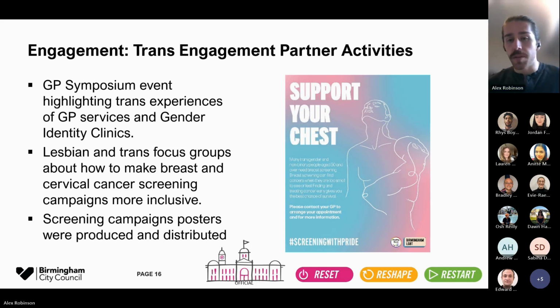The first presentation was by Dr. James Barrett, who was the lead clinician at the Tavistock and Portman NHS Trust Gender Identity Clinic. And he discussed the experiences of GP services and gender identity clinics among trans people. And the second presentation was from Dr. Rebecca Stevens, who was a GP at the Bridge Clinic, and they discussed alternative access to gender affirming care.